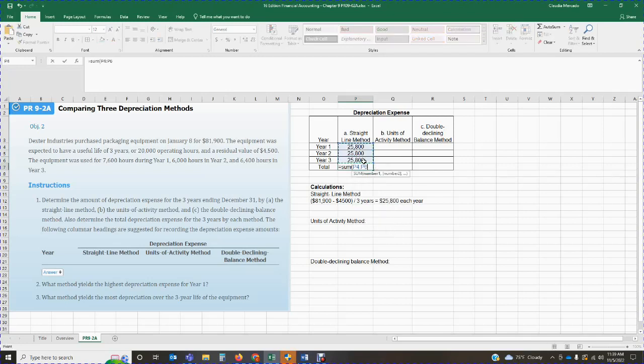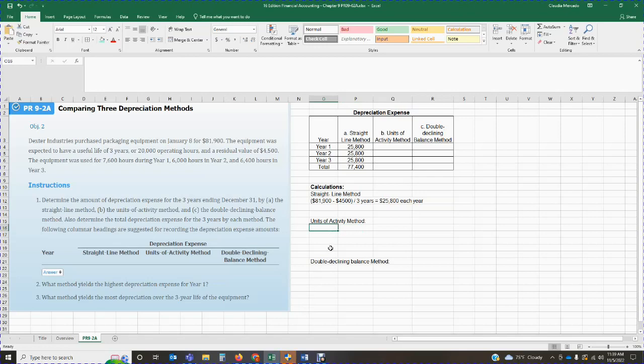We're using the same amount because we're depreciating the depreciable cost over the 3-year period. So when you're doing straight line depreciation, all of the amounts should be the same for every year.